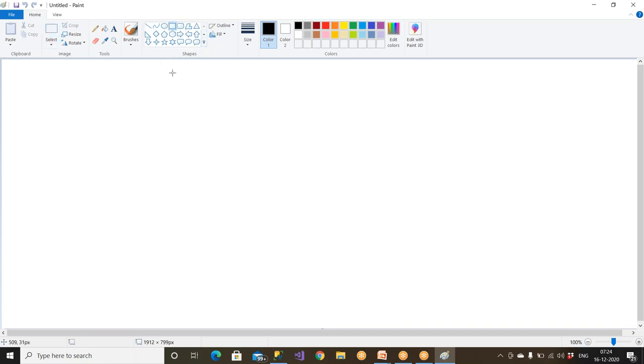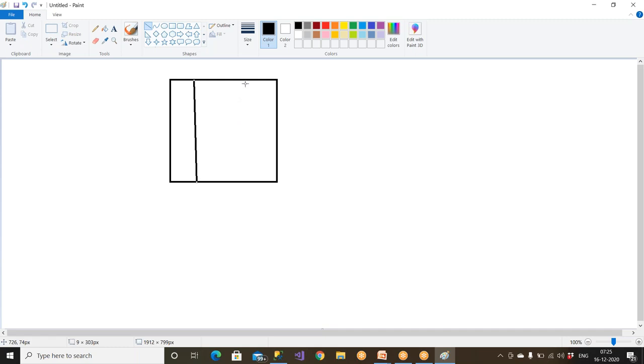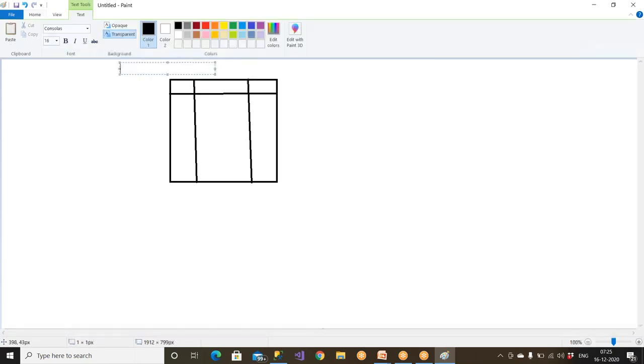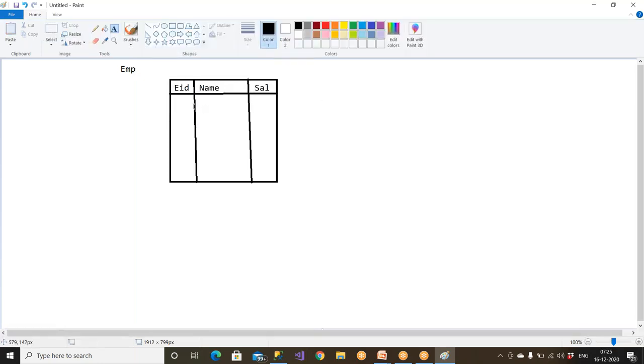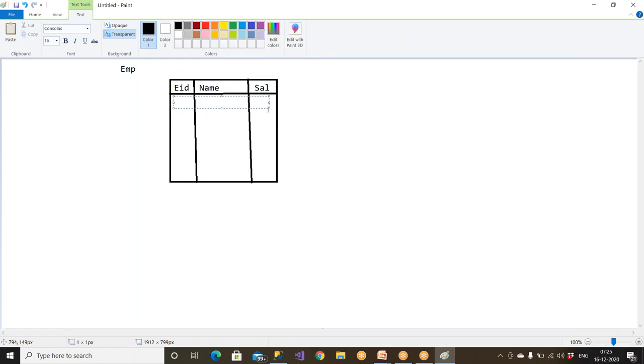So I'm talking about a table. Let me create a table. The table has a few columns. This is my table. The table name is employee table: employee ID, employee name, employee salary. I want to store a lot of data in it.